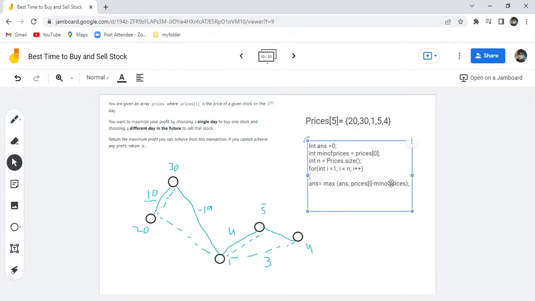So now the next line is to find the minimum of prices. How we can find the minimum of prices is by finding the min of prices and prices[i].